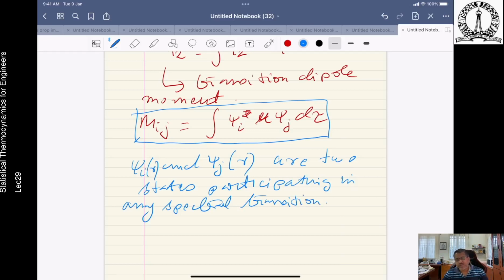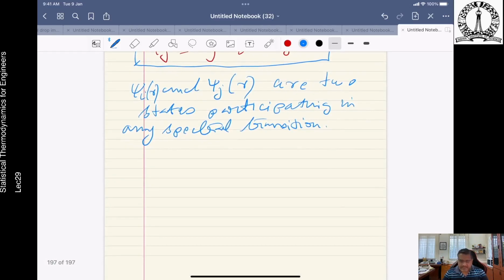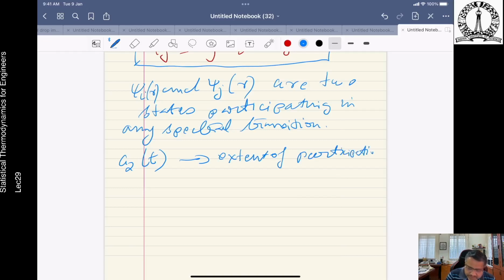So in essence, A2(t) represents the extent of participation in state 2.